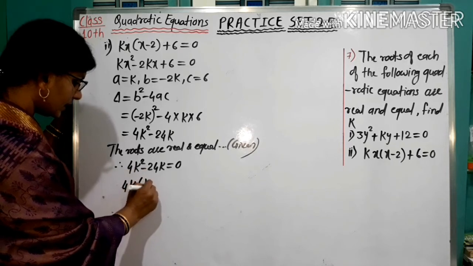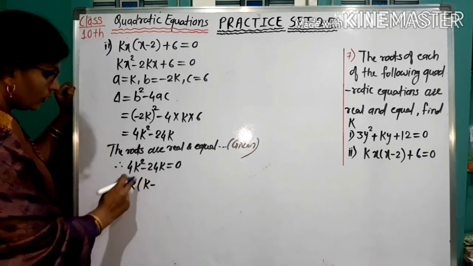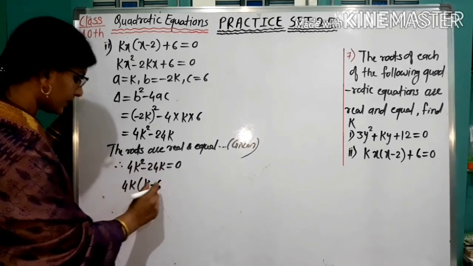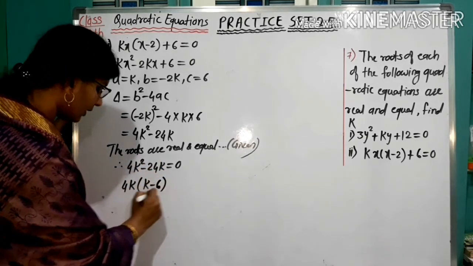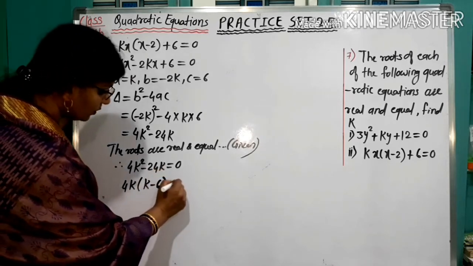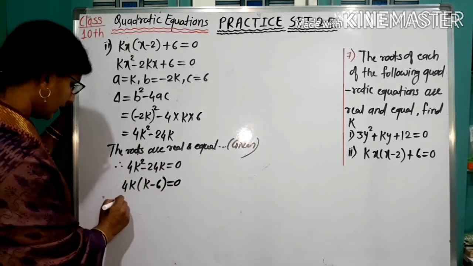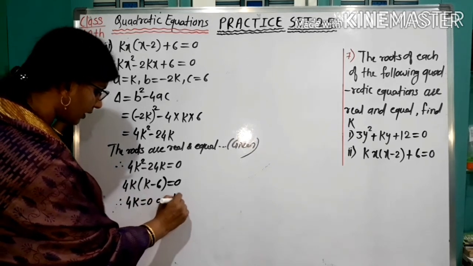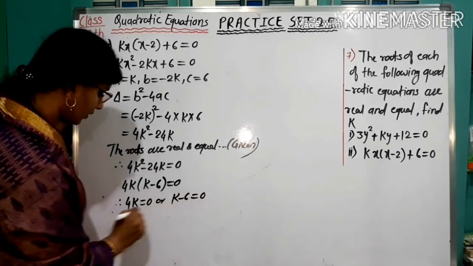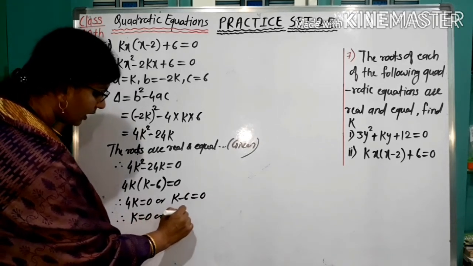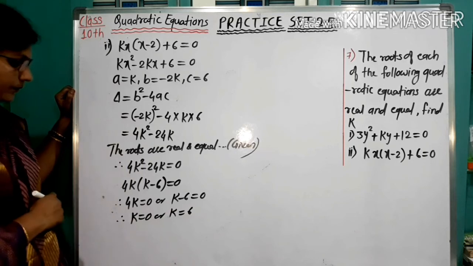So the remaining is k, minus, 4 is taken common from 24, therefore here is 6. k is also taken common. Therefore, 4k in bracket k minus 6 equals 0. Therefore, 4k equals 0 or k minus 6 equals 0. Therefore, k equals 0 or k equals 6.